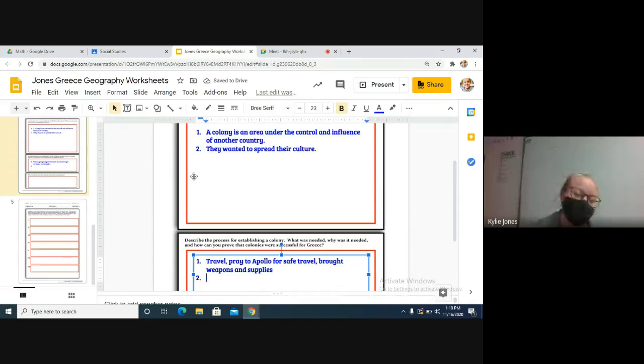Okay. So they needed weapons and supplies. The supplies got them to those locations. The weapons were to take over the other locations, right? But how many were there in a group? I don't know that for sure. And then finally, how can we say that the colonies were successful for Greece? What do we know about them?